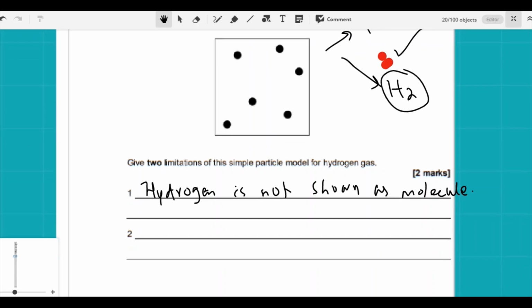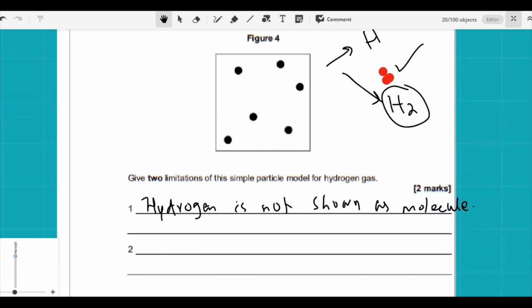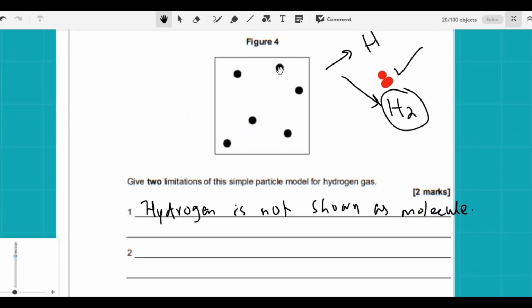Okay, and for the second one, since the hydrogen is already not shown as a molecule, you can write a different limitation: the particles are shown as spheres, and particles are shown as solid, and it does not show the forces that are present, so it does not show the weak forces between the particles. And it does not show the movement or speed of the particles.